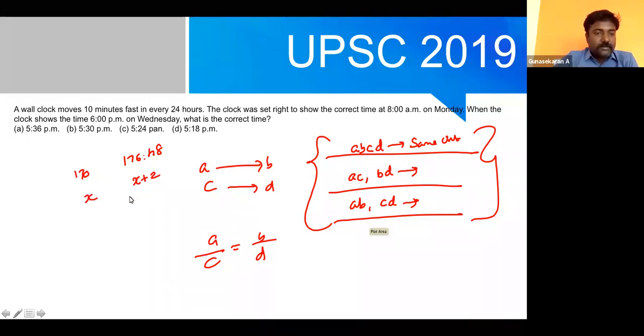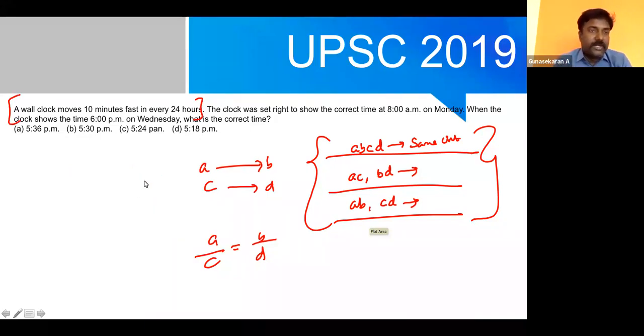Last question also we would have done like this. But in the last question they gave the time. In this question, they gave the reference directly. That's why we are doing like that. That's the difference. The two questions are a little bit different. You do similar questions, you will definitely understand.